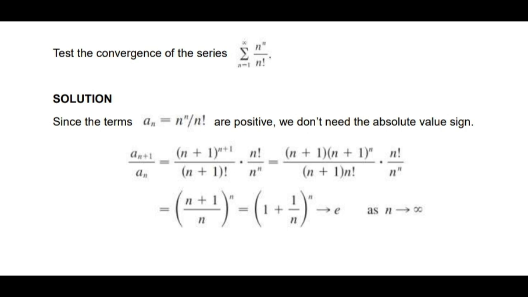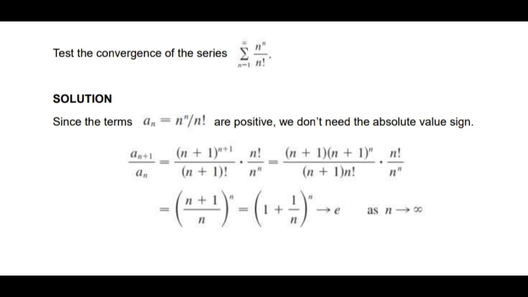By the ratio test, we have a sub n plus 1 over a sub n. So we have n plus 1 raised to n plus 1 over n plus 1 factorial, multiplied by, we simply reciprocate it to easily operate, n factorial over n raised to n.